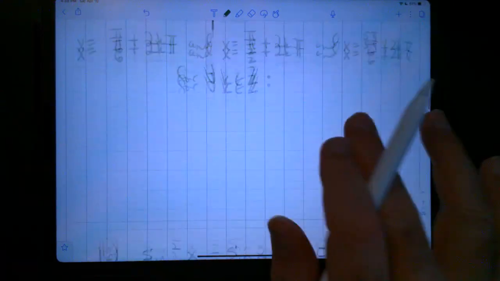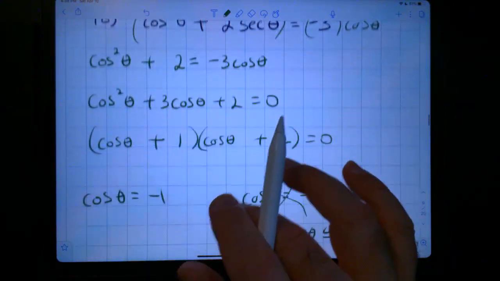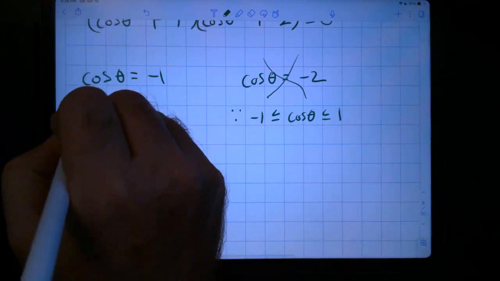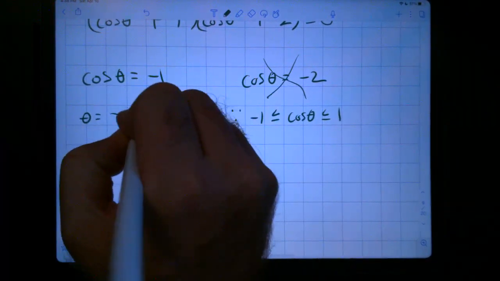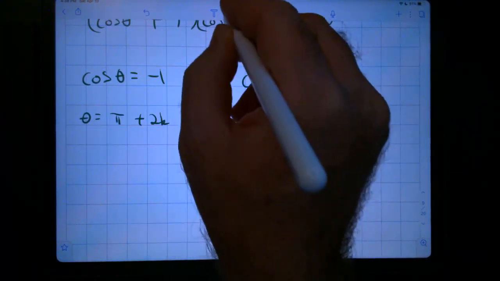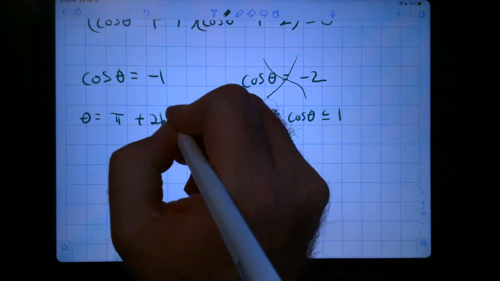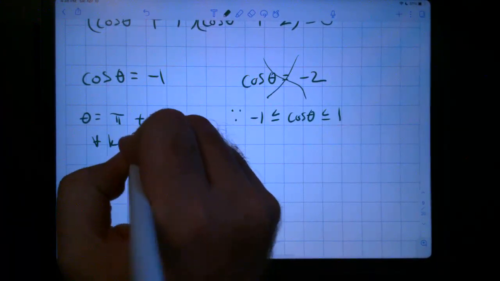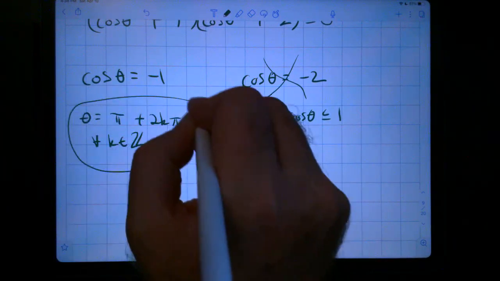Radians. So this happens when theta is equal to pi plus 2k pi for all of your integers.